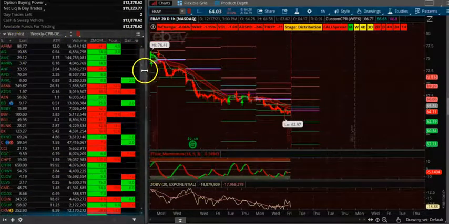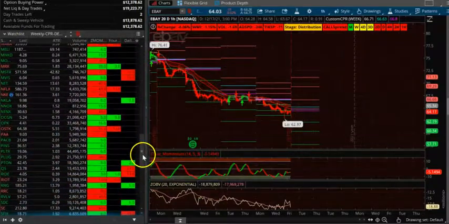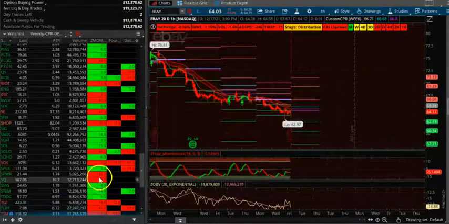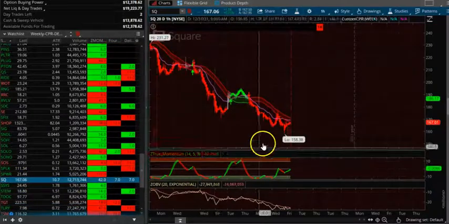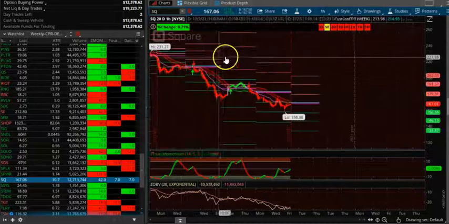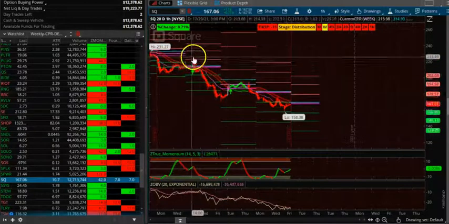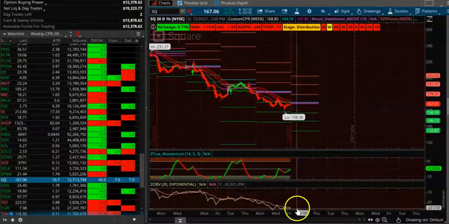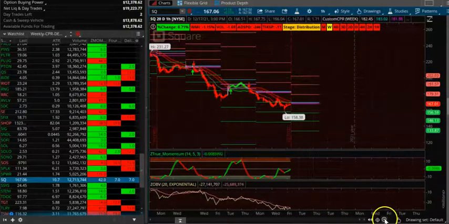Sort by symbol. Got one more, SQ, Square. All negative, CPR is down, momentum is up, on balance volume is down. So this is also a good stock.